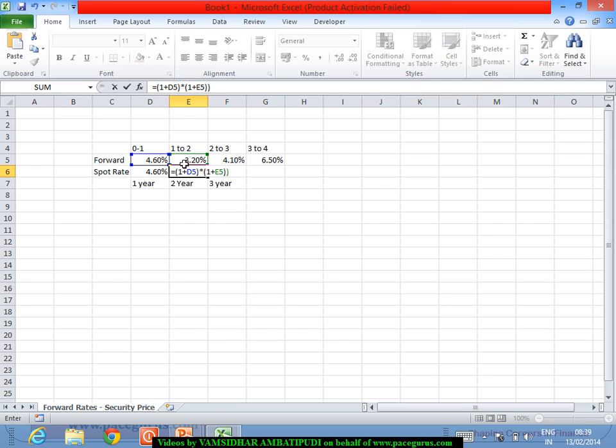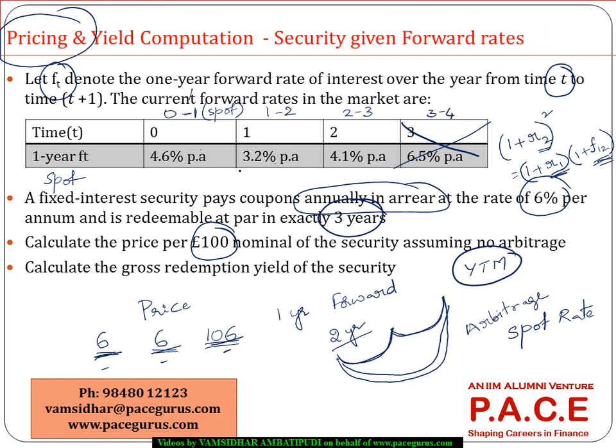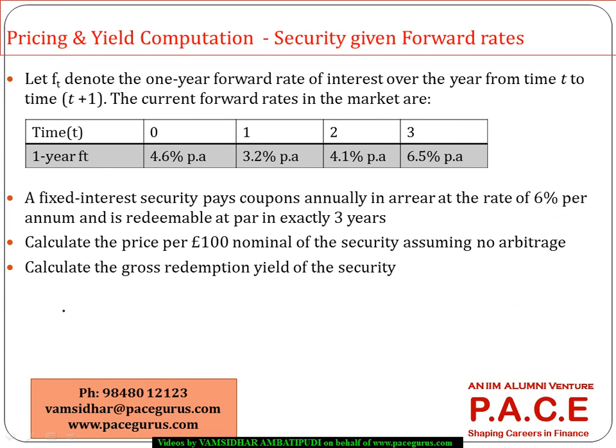This entire multiplication I raise to the power of 0.5 because (1 plus R2) squared, 1 plus the 2-year spot rate squared, is equal to 1 plus the 1-year spot rate into 1 plus the forward rate between 1 to 2 years. Same way I will work for 3.